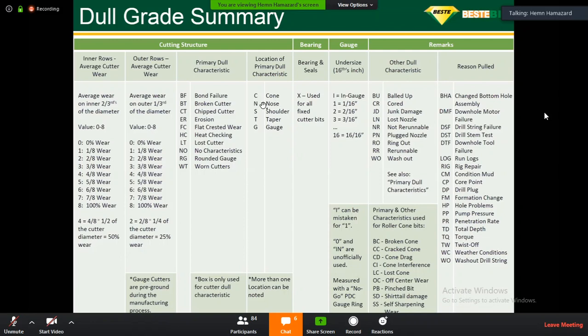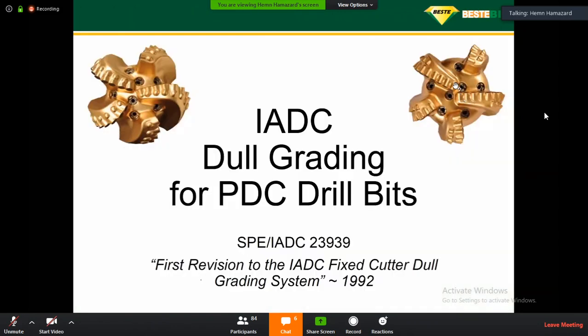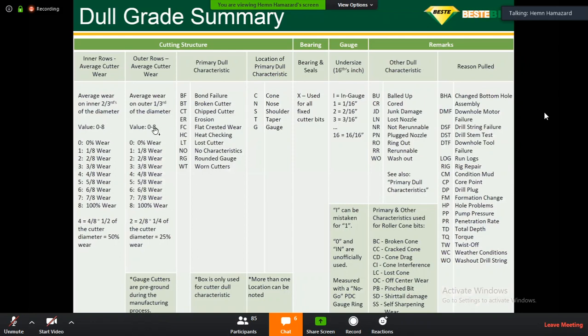In the 4th column, for example, if we see these very center inner cutters are worn or cut, that means it's your nose. The nose area you just call N. So far our bit grading is 4, 2, broken teeth or broken cutter, BT, so 4, 2, BT, N. That's how we call it.